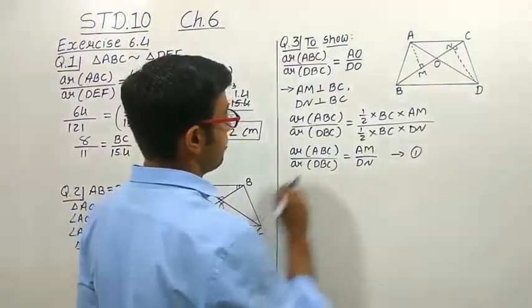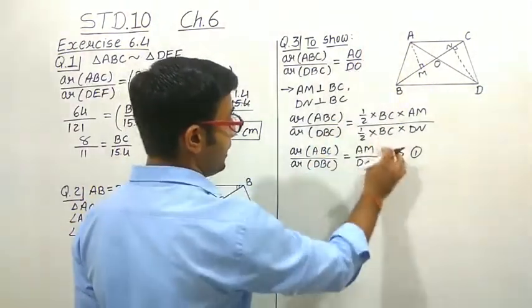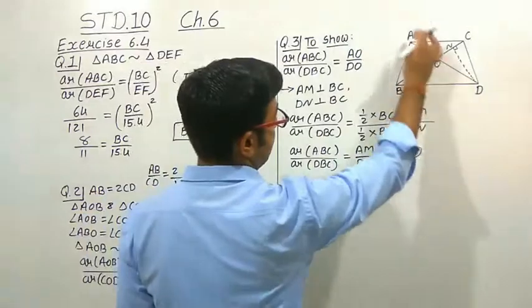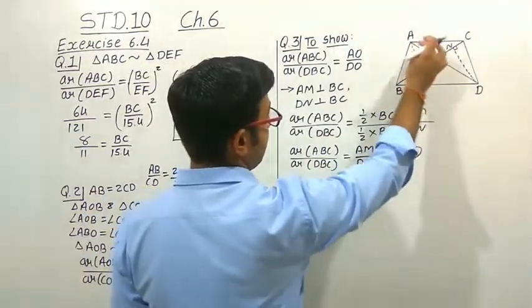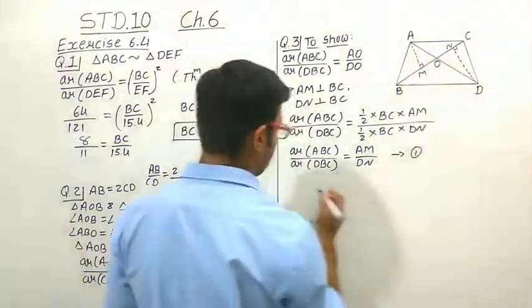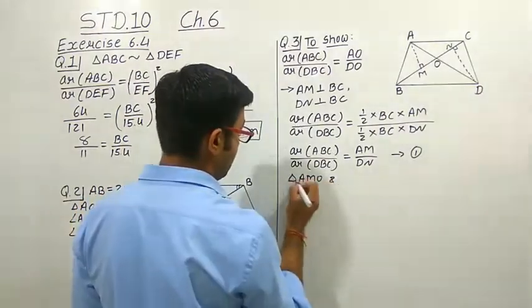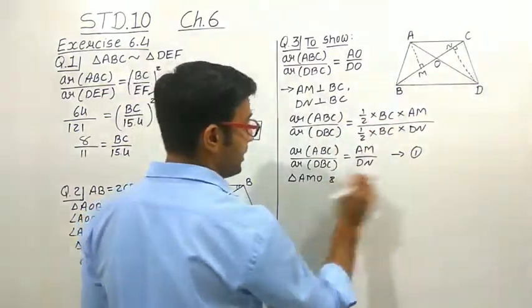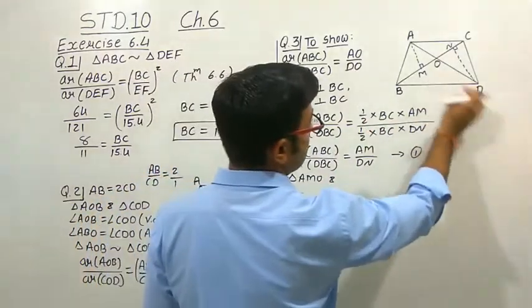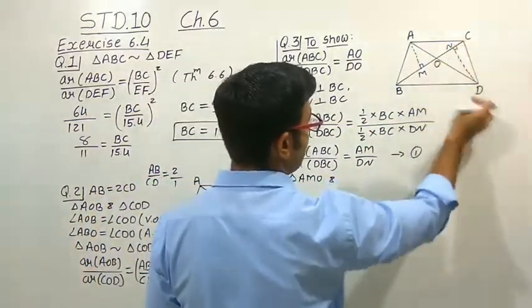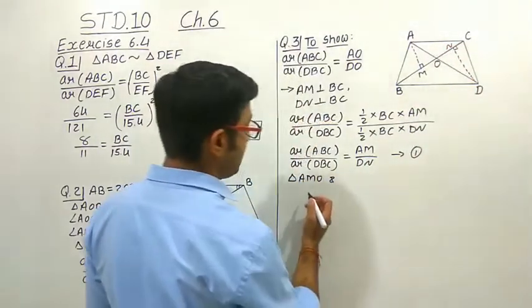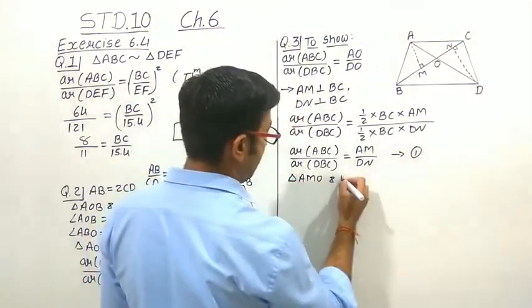So consider the two triangles which contain the AO side and AM side. This triangle we can take as AMO. And the second triangle contains the DO side and DN side, so DO side is here and DN side is here. So we can consider this other triangle, that is DNO.